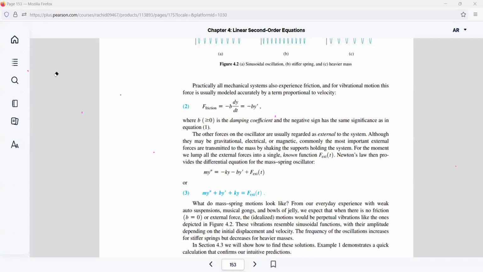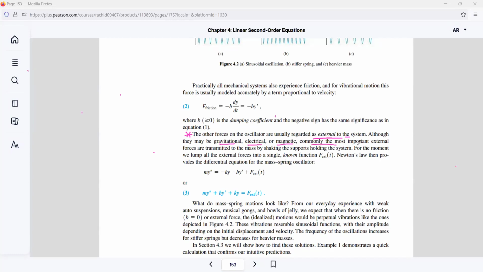So as you go through the details, you highlight, you write on the side, and then what else can be there? Of course, external forces. This is important here because our main concern is external forces. The other forces on the oscillator are usually regarded as external to the system, although they may be gravitational, electrical, or magnetic.